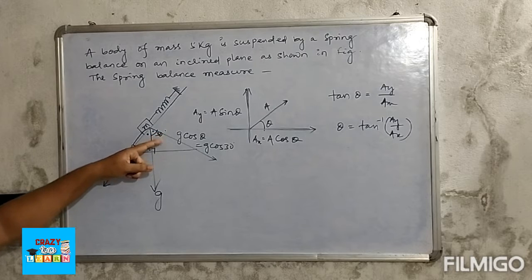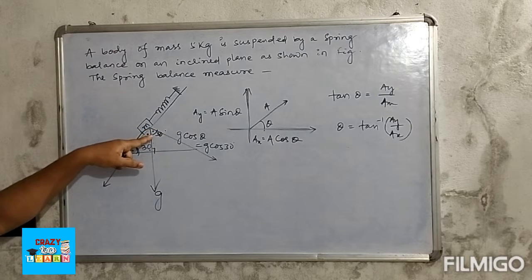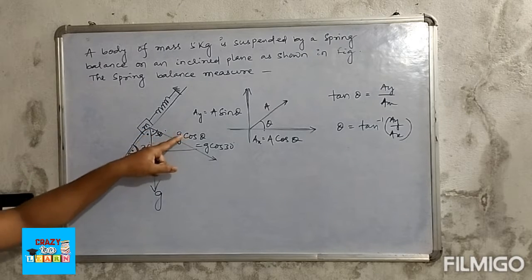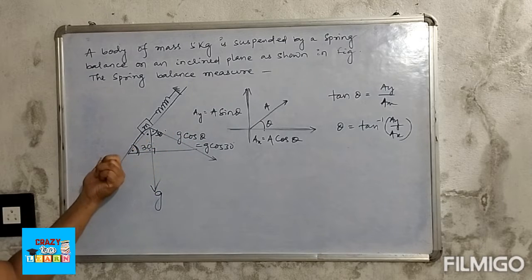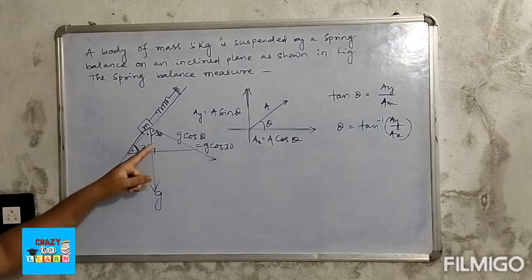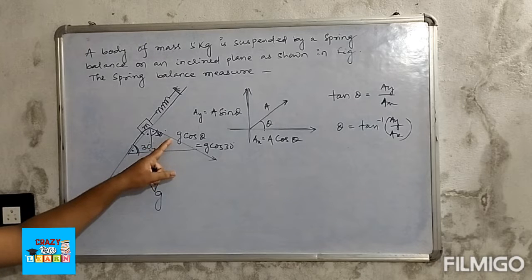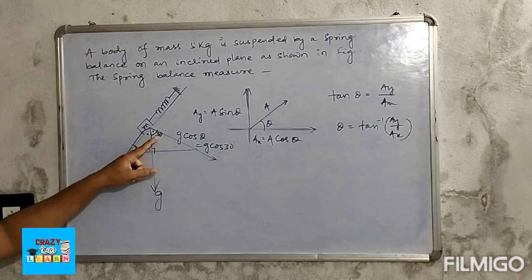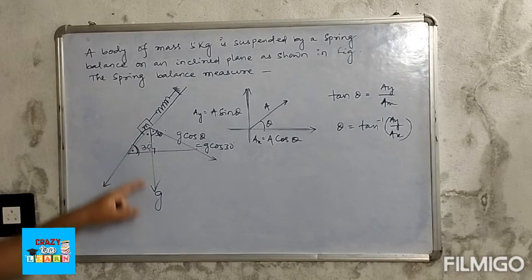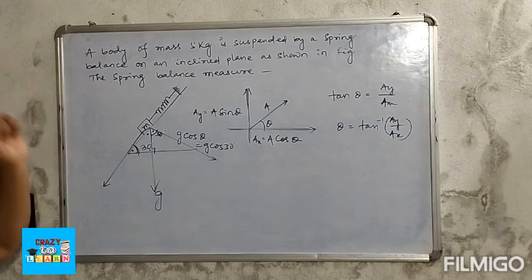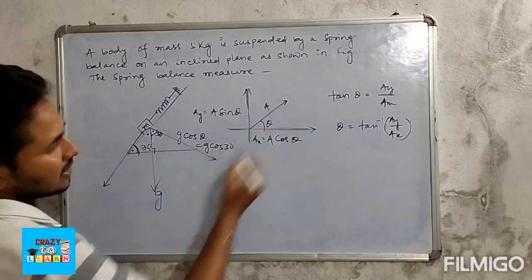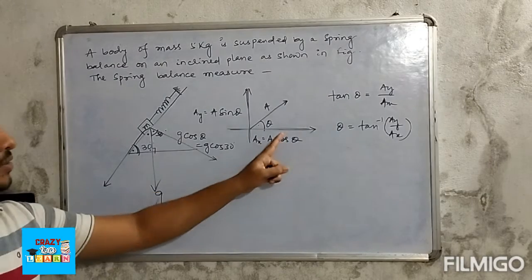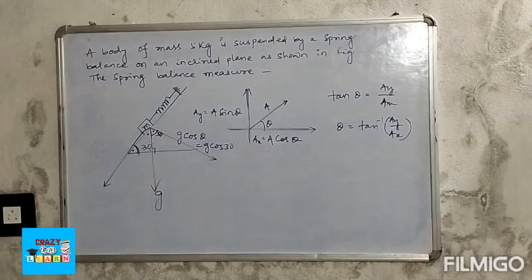The component which makes the angle with the vector, that component we take as cos theta, and the other one is taken as sin theta. Okay, so as this component makes theta equal to 30 with the acceleration due to gravity, here the a vector makes theta angle with this component, so this component is taken as a cos theta.